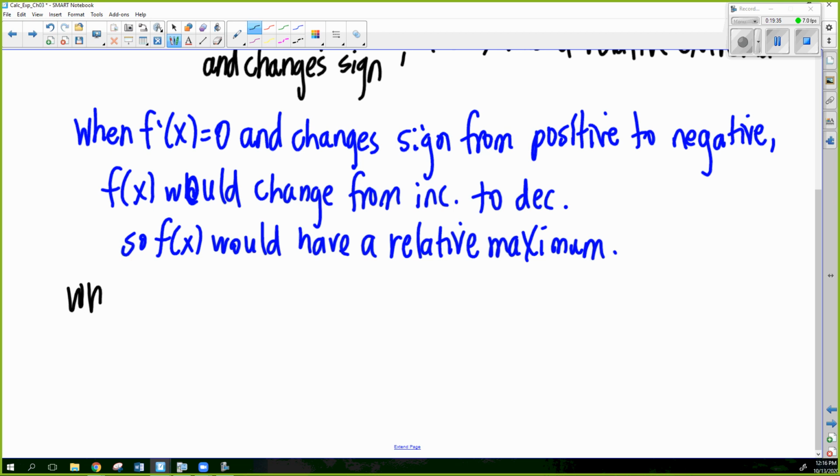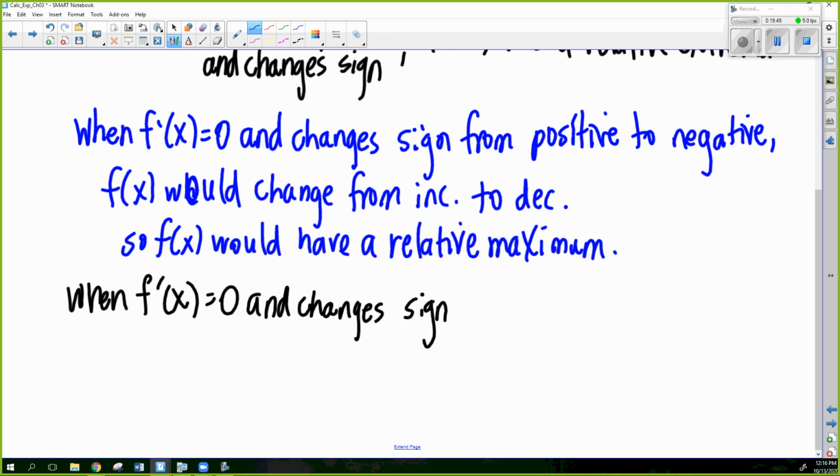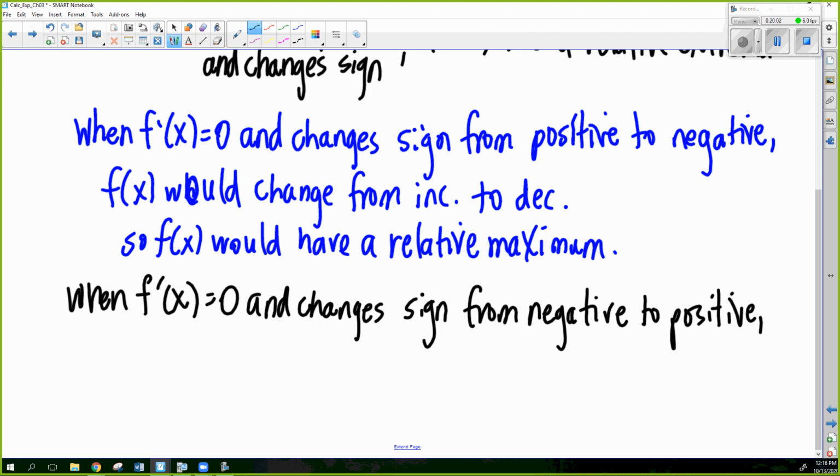So we're going to say when f prime of x equals 0, so that's when the derivative of the function equals 0, and changes sign from negative to positive, what's happening on f? Good. F of x would change from decreasing to increasing.